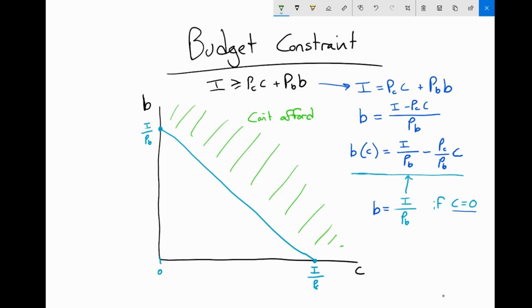This line gives us all the bundles of bagels and coffee in which the agent spends all of their money. It is the maximum amount of bagels and coffee that they can afford given their income I.